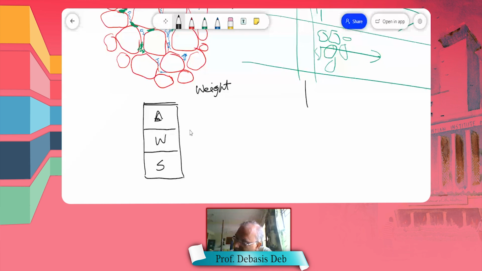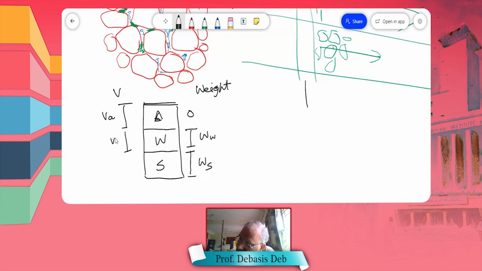This computer is giving me trouble. So we have this is W of water and this is W of solid. And this is basically 0. There is no weight. But in the volume, we have this is volume of air.